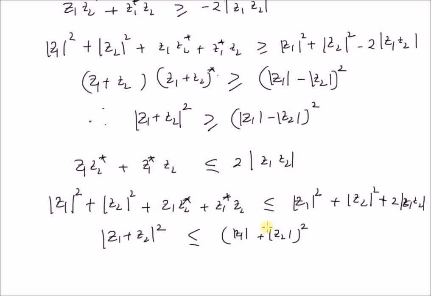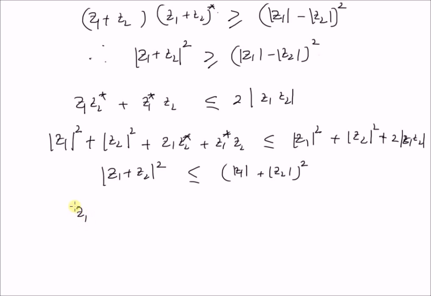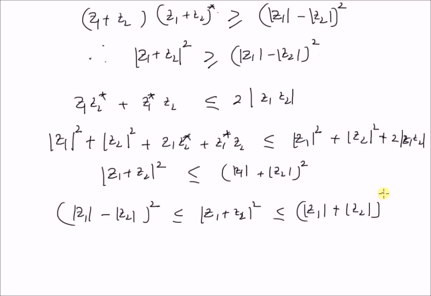So by using these two inequalities, we can clearly see that the square of the difference (|z1| - |z2|)² is always less than or equal to |z1 + z2|², which is in turn always less than or equal to (|z1| + |z2|)². Thanks for watching.